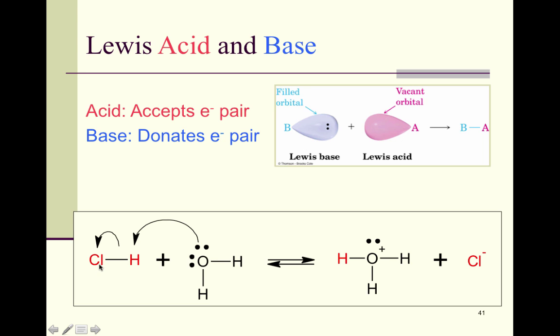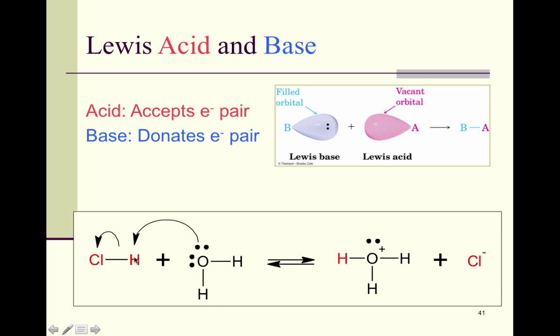You're used to it being HCl, but this is still HCl. The pair of electrons in the bond, see how the arrow starts at the bond itself, is going to go to the chloride, and that's going to make a negative charge. So when you're starting off here, this pair of electrons is going to covalently bond to this hydrogen.